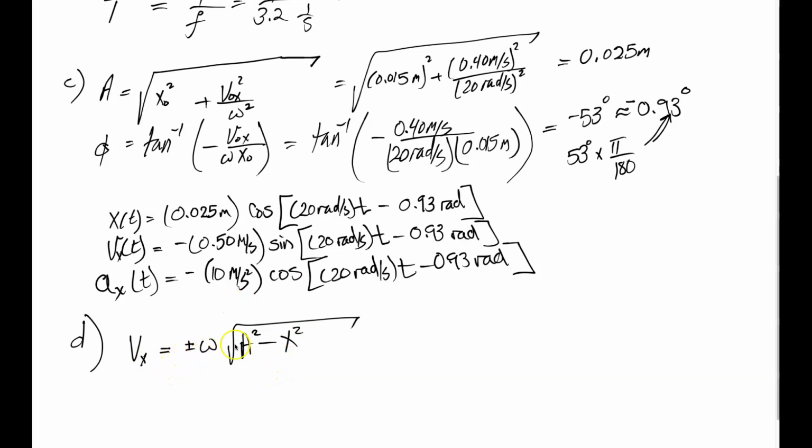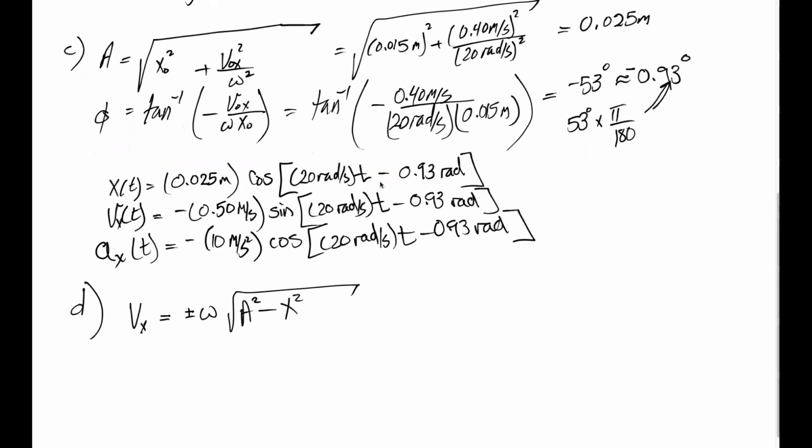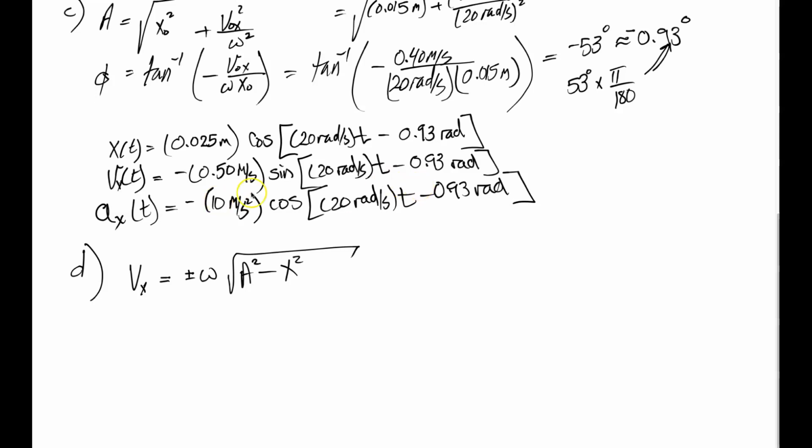Since we're given an initial amplitude of 0.02 in the statement of the problem, I'm going to use that as my amplitude and not the special case that we got in C. So in case you see me using 0.02 instead of 0.025, know that I went back to the original problem for parts D, E, F, and G, so that you know where those numbers came from.